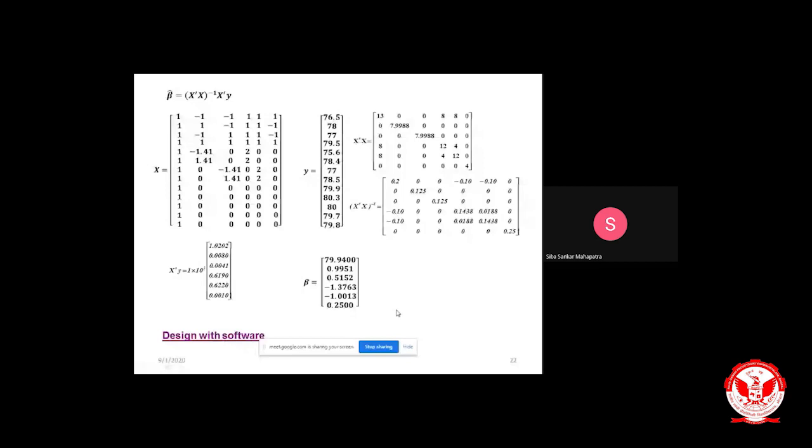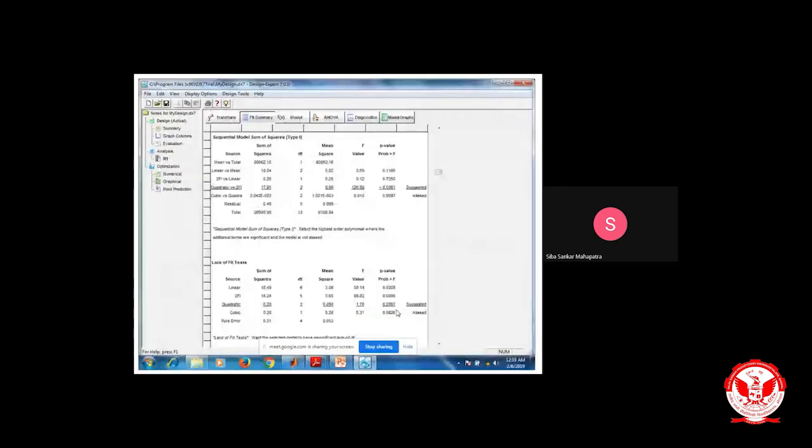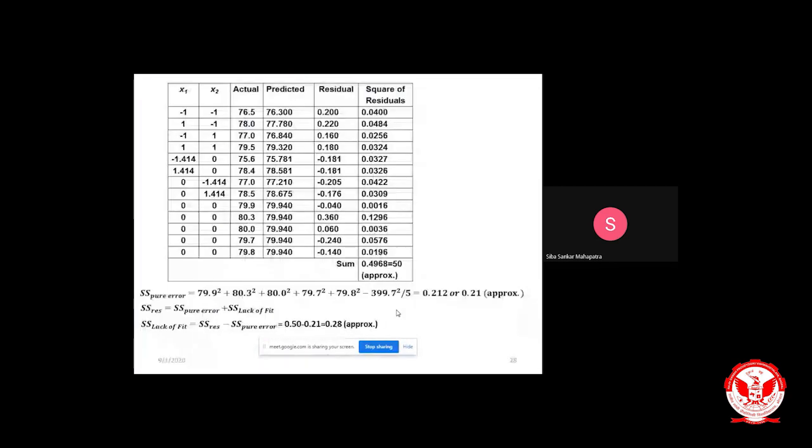So within the software, you can do many things. So this is what we have got, and the residual is calculated, your error is calculated, the sum of squares for the residual and lack of fit is also calculated here. What we got from the software manually, that has been calculated here.